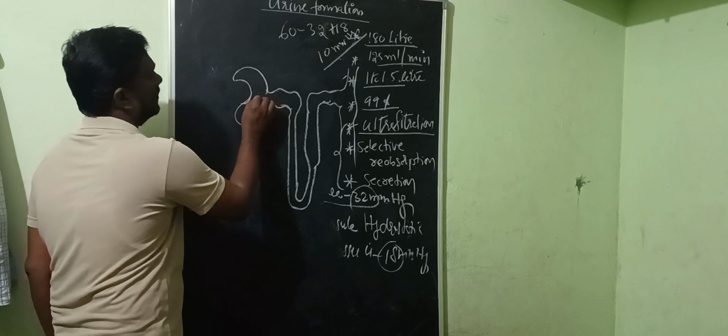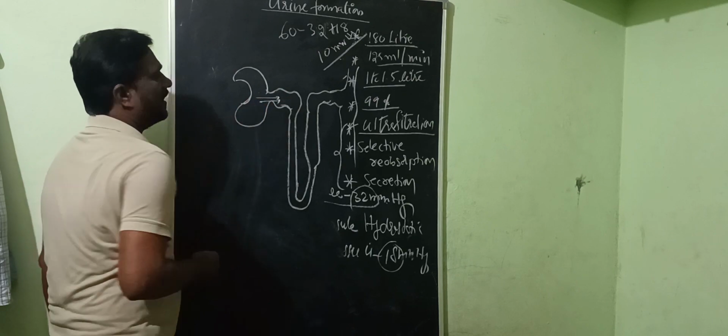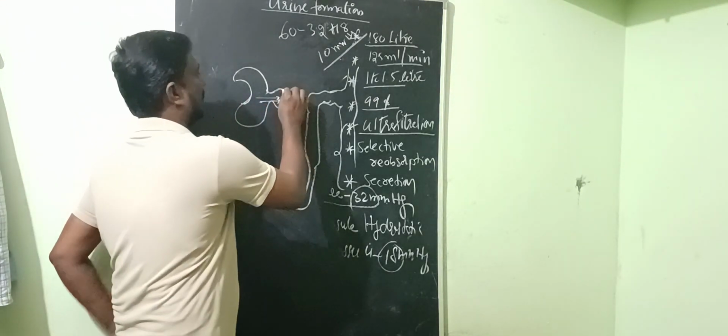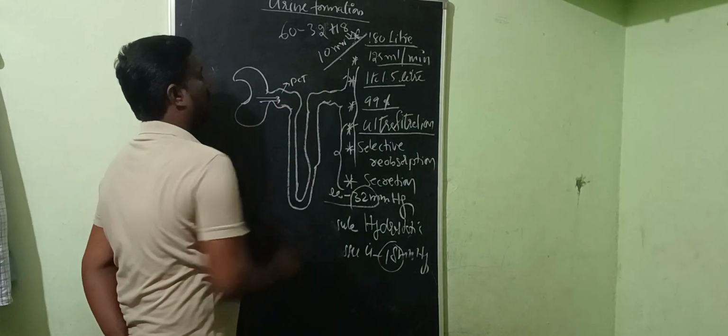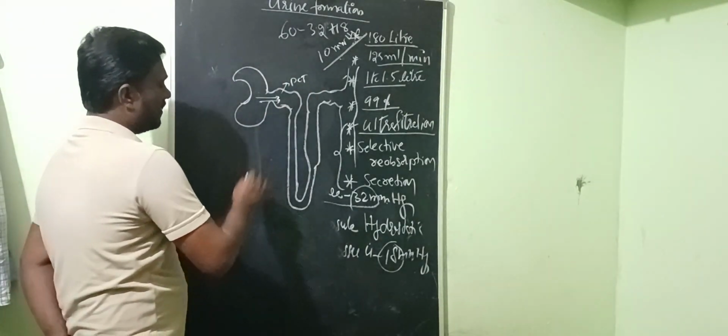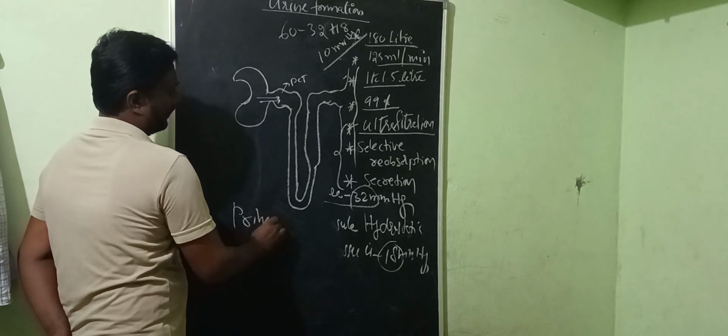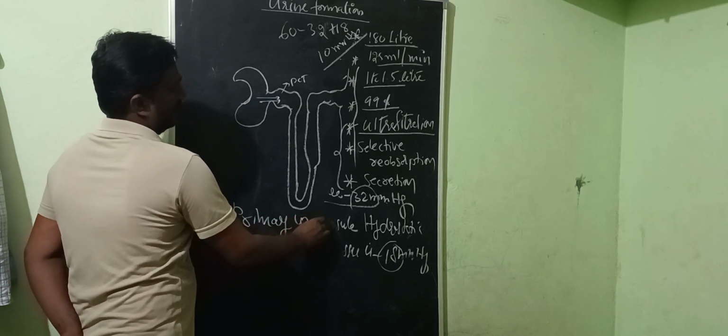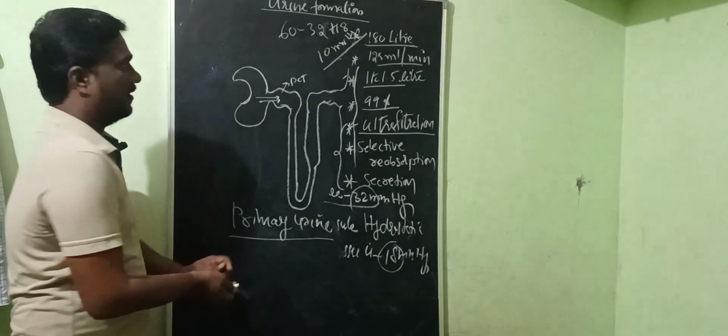The filtrate reaches the PCT, the proximal convoluted tubule. That is called primary urine.